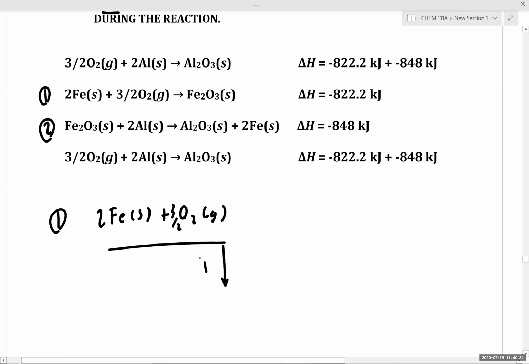So this is our first step. Our enthalpy is equal to negative 822.2 kilojoules. And our product from this is iron 3 oxide.